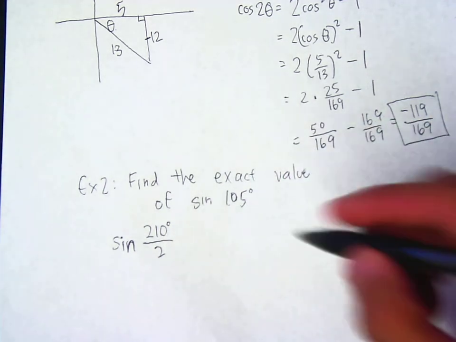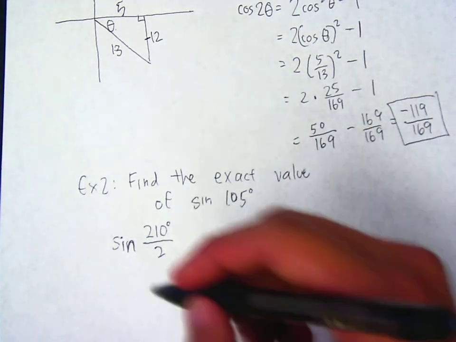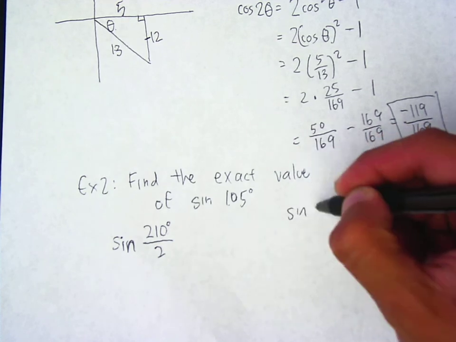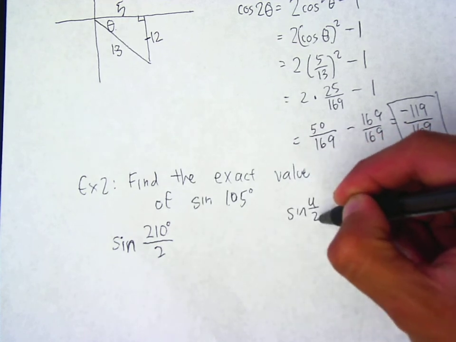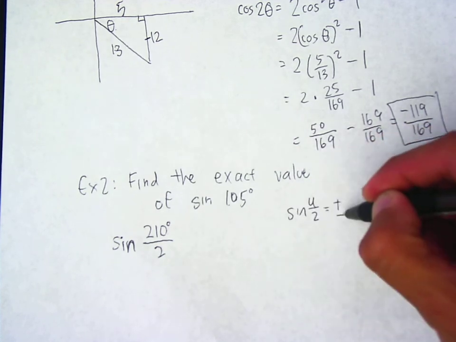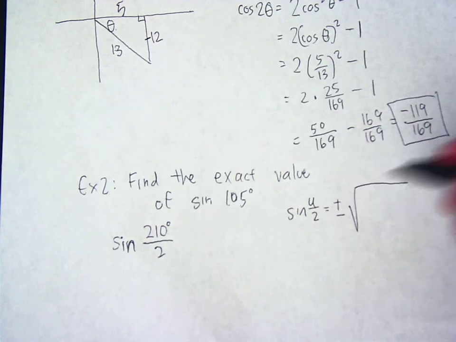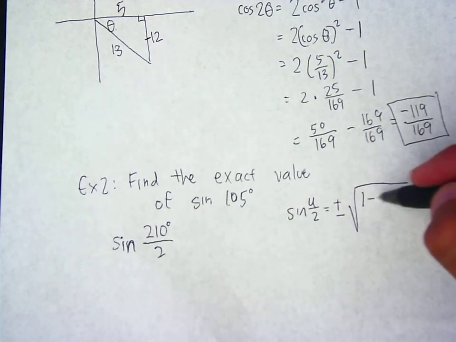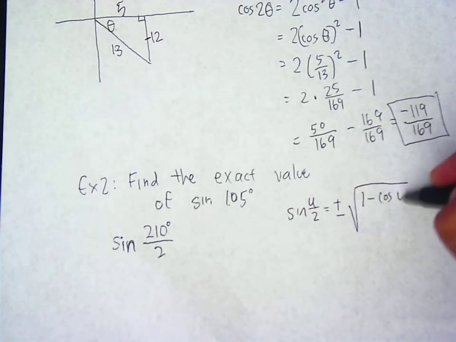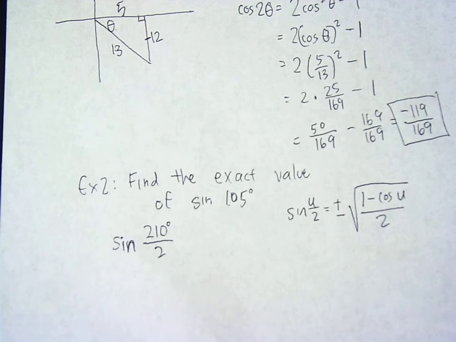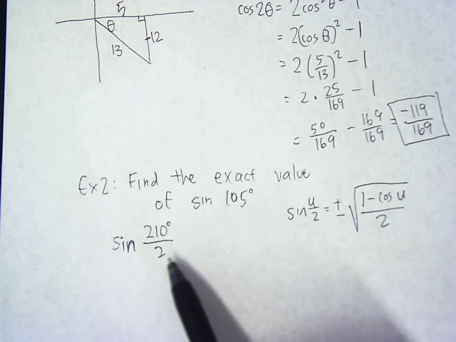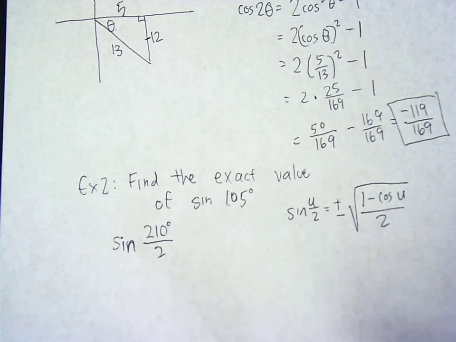Okay, and then I know my equation. I'm going to write it off to the side. Sine of u/2 is plus or minus the square root of 1 minus cosine of u all over 2. Okay, so right now, if I look at the equation, u is 210.